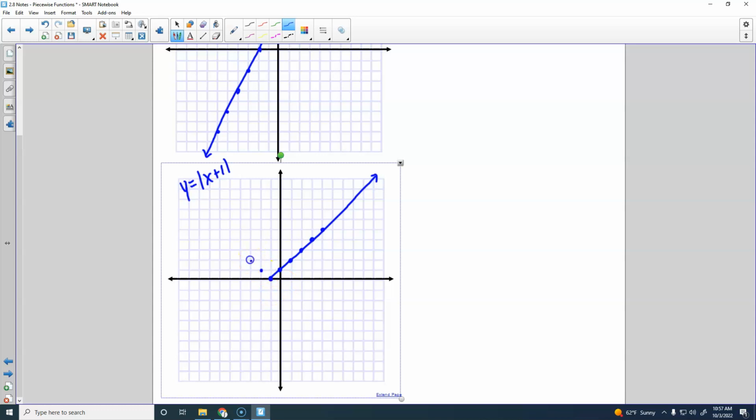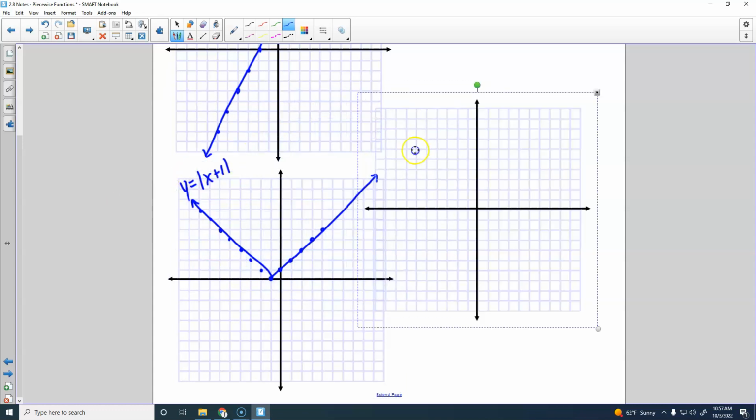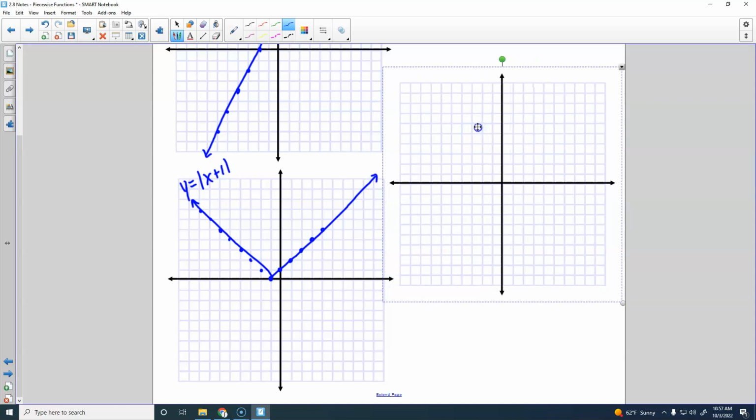And then on the left-hand side, it'll sort of bounce back up whenever it hits that x-axis. So if yours does not look like that, make sure it looks like that. Yes, it has to go all the way down to the x-axis.